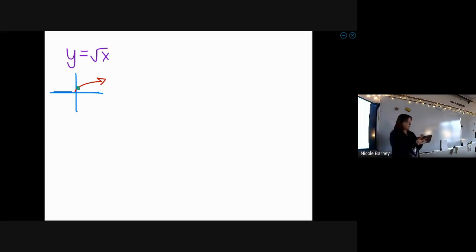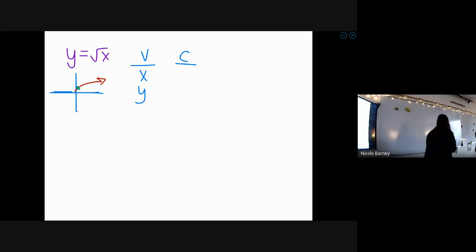So let's define our variables and our constants. Our variables are x and y. Those are always changing. And what is constant in this problem? dy/dt is always constant, and that is always 4 centimeters a second.